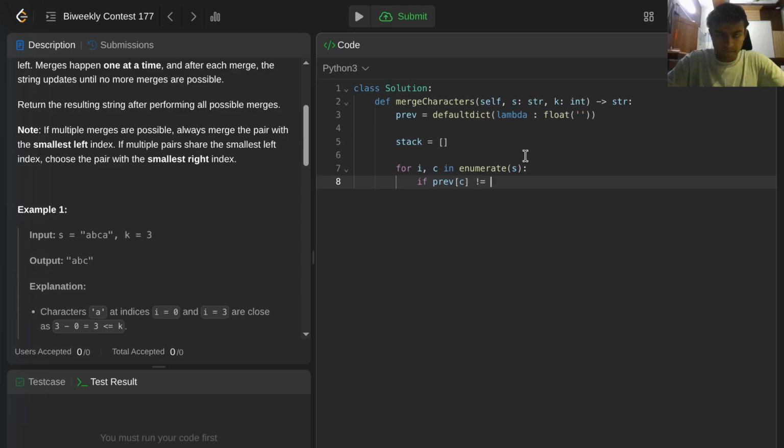Okay, wait. So 1, 2, 3, 3 minus 1. Okay, that's fine. diff is equal to current minus previous of c, let this be -1 itself.